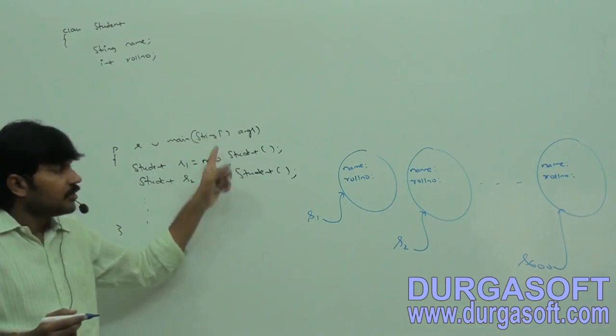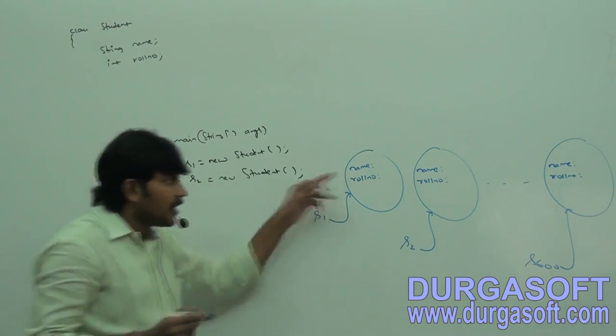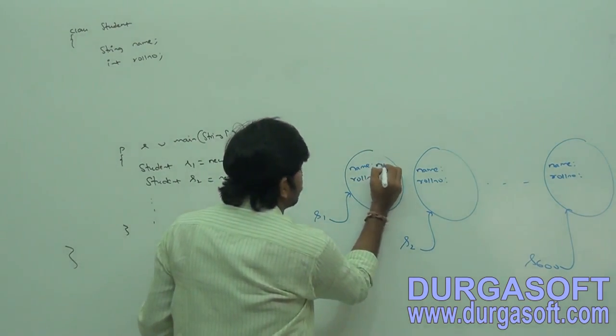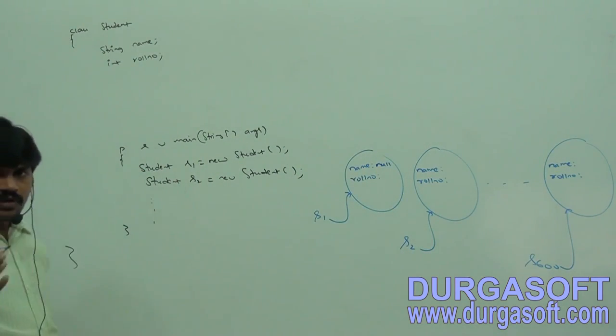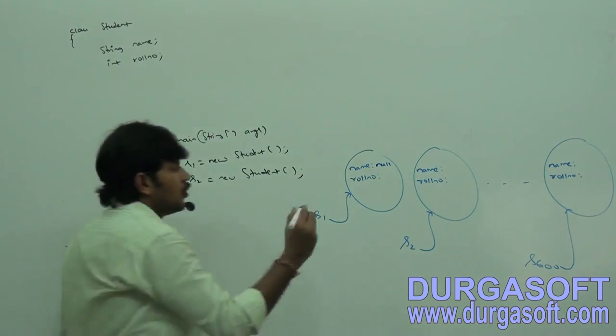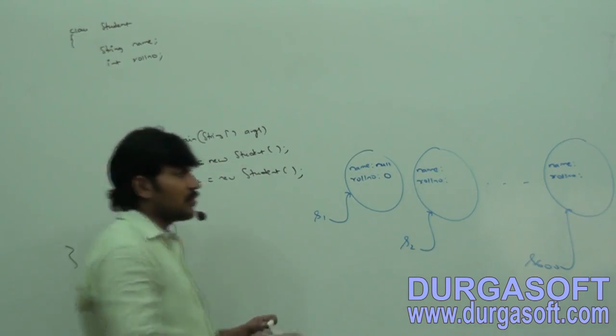I hope you are aware of default values. What is the default value for name? Null, because name is String type. Roll number is 0, because the int default value is 0.